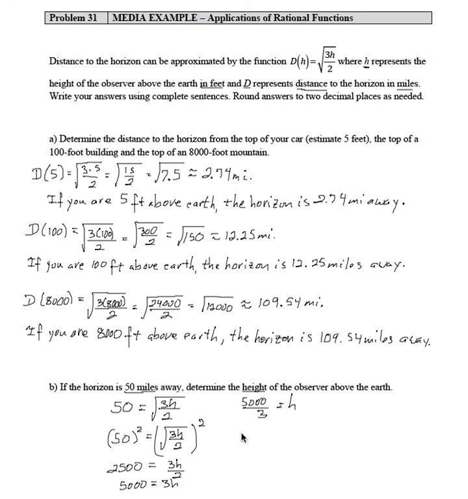And if I compute on my calculator, I get h is approximately 1,666.67 feet. So if the horizon is 50 miles away, you're going to be this height above the earth.